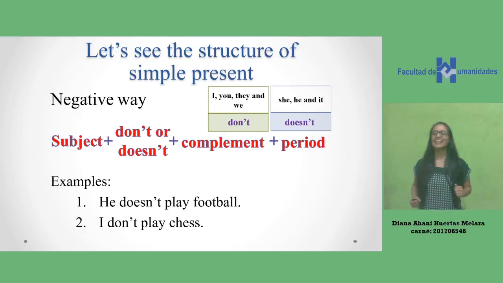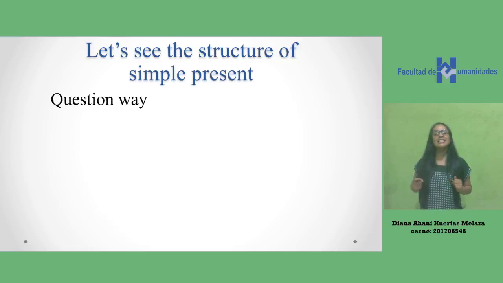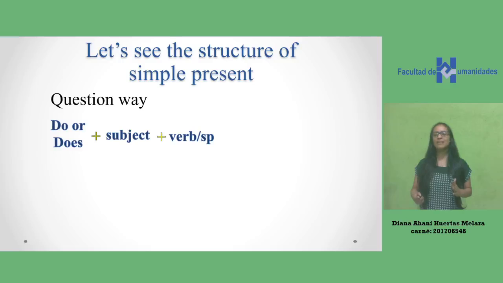Right? Okay. Now let's see the structure of simple present in question way. First, we need do or does plus subject plus verb in simple present plus complement plus, this is important because this is a question, so you need a question mark, right?